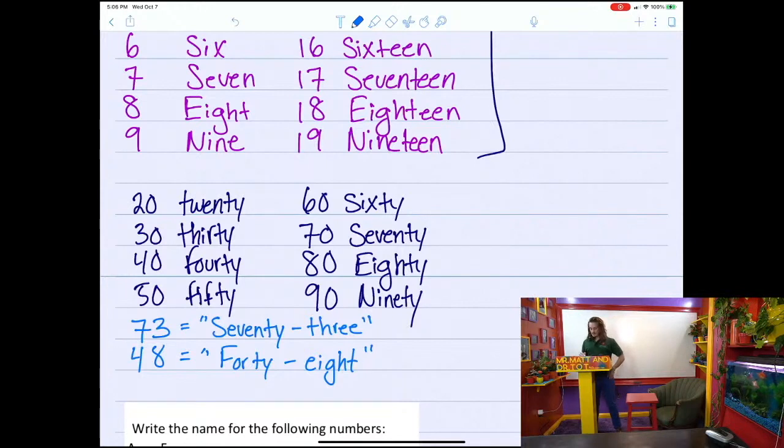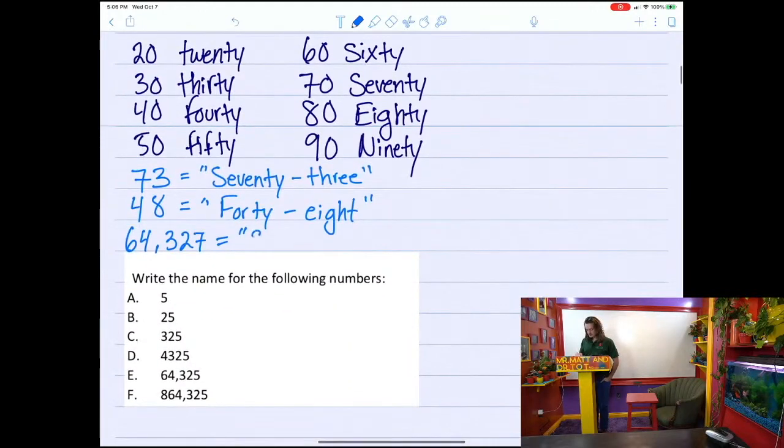So for example, if we had 64,327. First start in the largest number block, which is the tens of thousands. Here we have 64,000. So we could write out 60 hyphen 4 with the thousands unit.